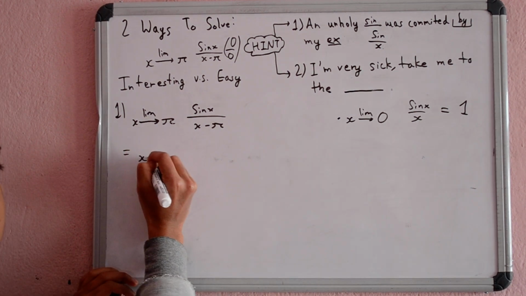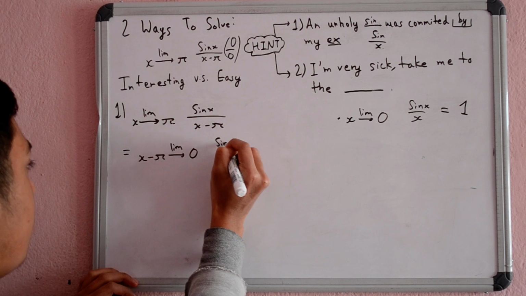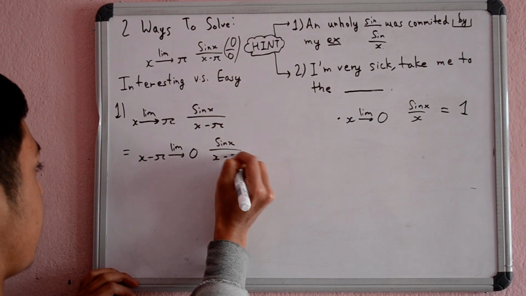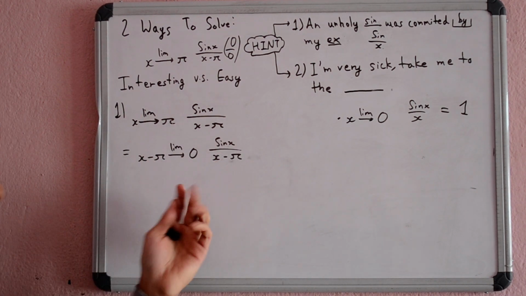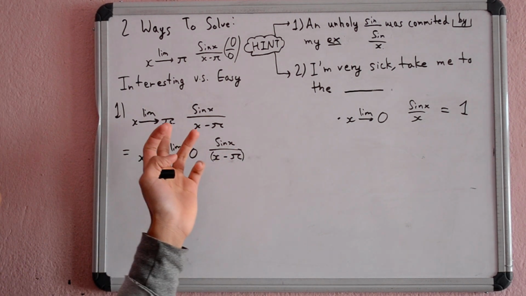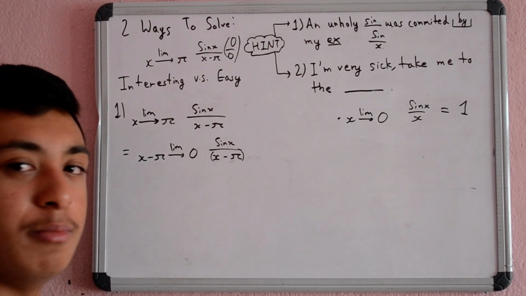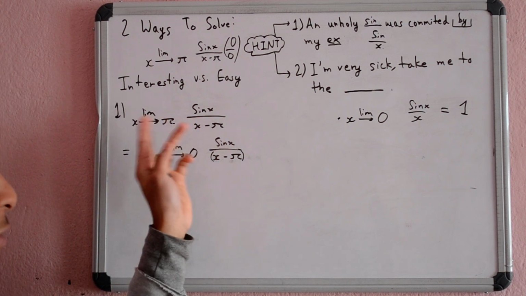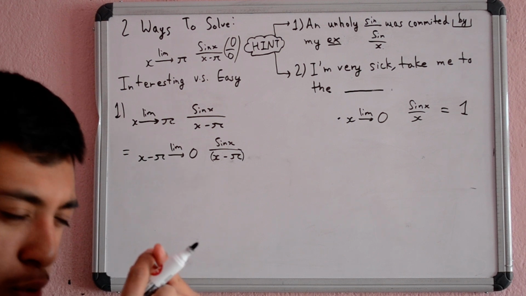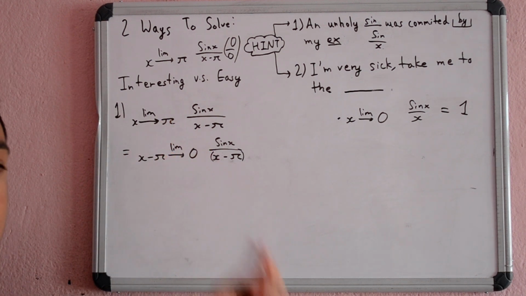This is equal to limit x minus pi approaching 0 of sine of x by x minus pi. This works because when x approaches pi, it is almost equal to pi. That means the difference between them is so low, there is almost no difference, such that it approaches 0.